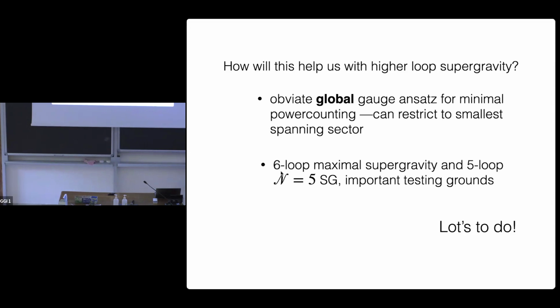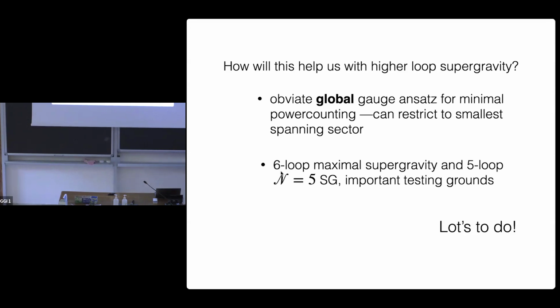We pushed it through our machinery to show that we could build n equals eight supergravity, but there were so many spurious UV divergences. It would have taken a long time to march through and cancel them to get to the critical dimension.